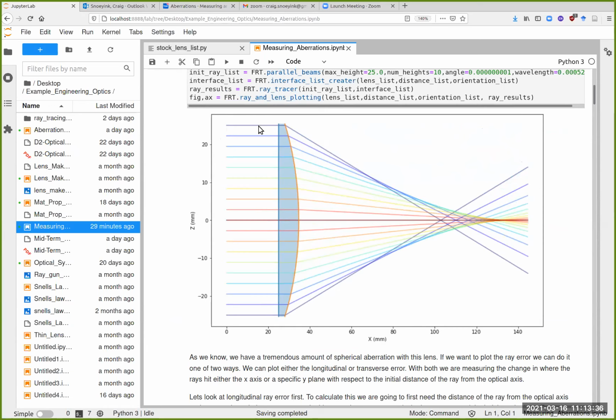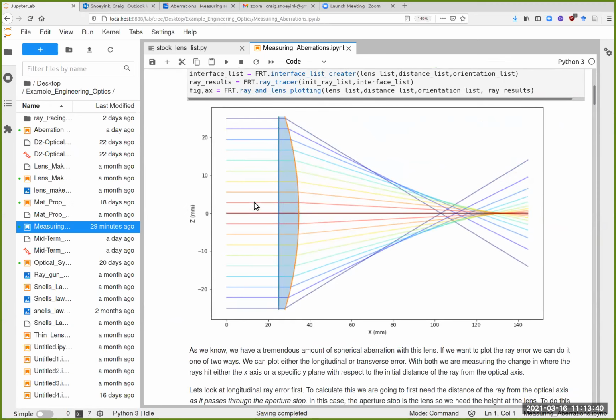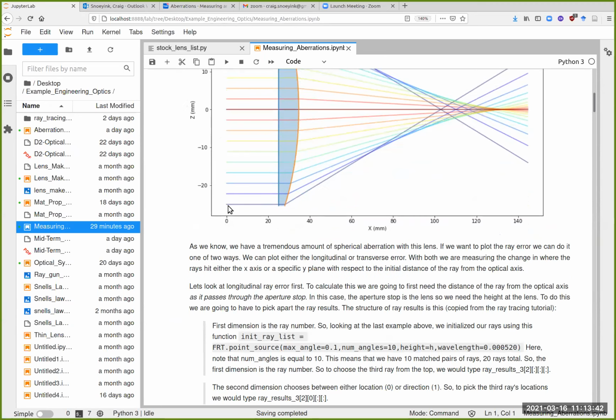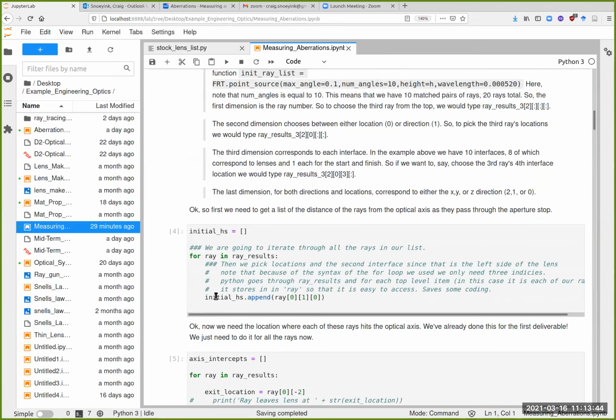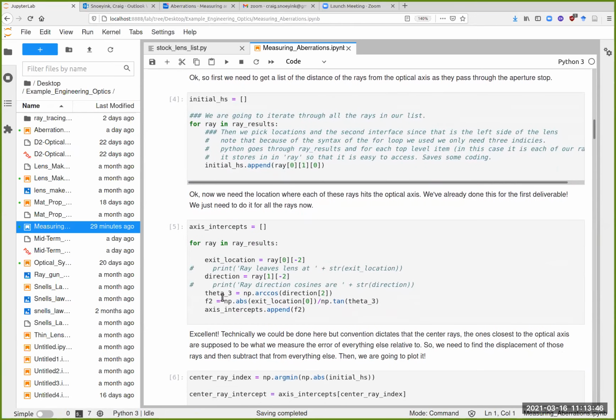That height is important because remember, we can reduce that to reduce our aberrations. So we have to record our initial heights, and then we go through and figure out where each ray intercepts the axis. You did this on your first deliverable. You just didn't do it for all of the rays.